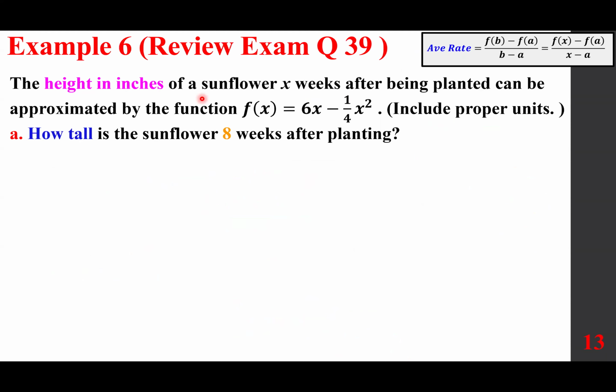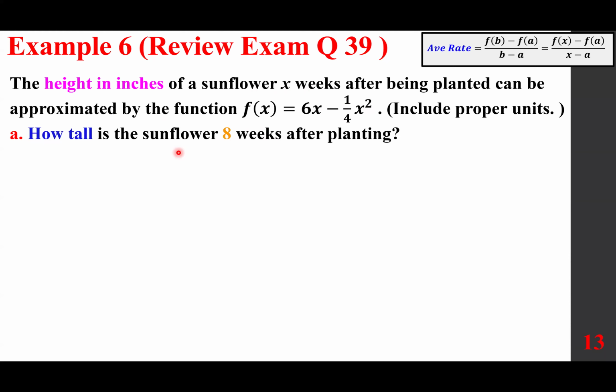The height in inches of a sunflower x weeks after being planted can be approximated by this function, f of x equals 6x minus 1/4 x squared. How tall is it in 8 weeks? First and foremost, in any application problem, when units are given, you want to give it back with proper units.